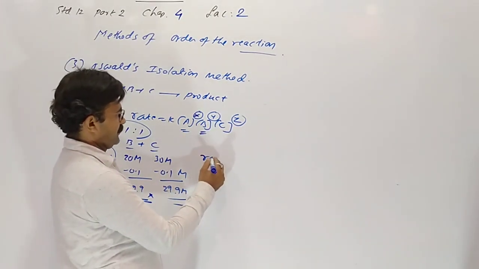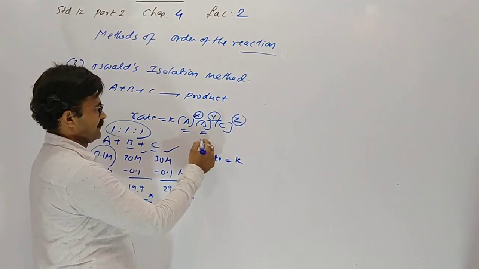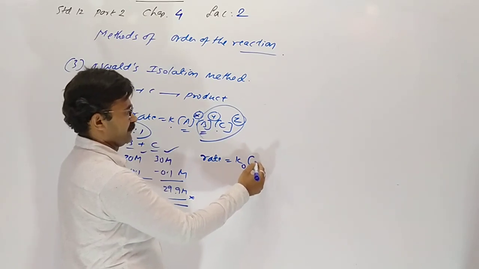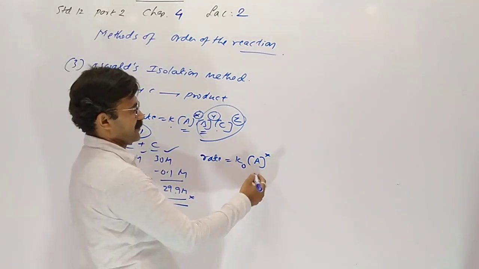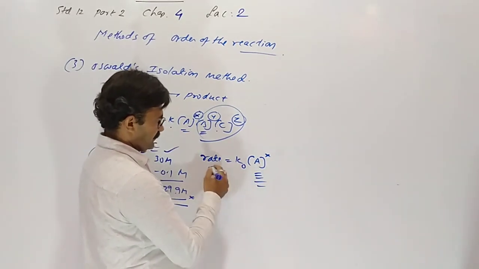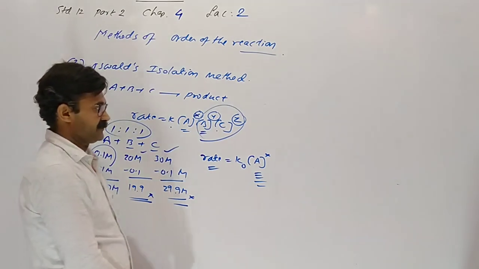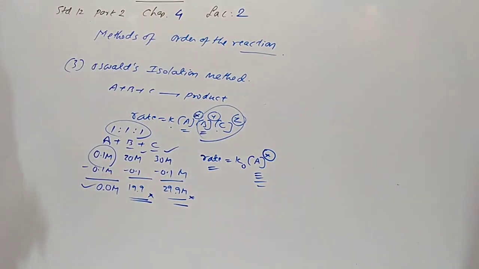So here we are assuming B and C constant, with a constant k', so the rate depends on A raised to x. Now we change the concentration of A and see how much the rate changes. On the basis of it, we can derive the value of x.